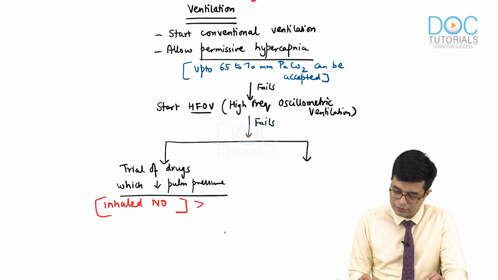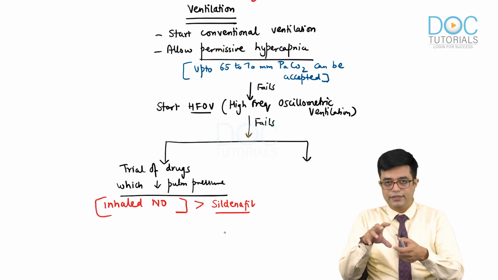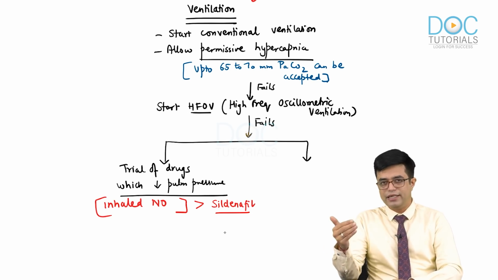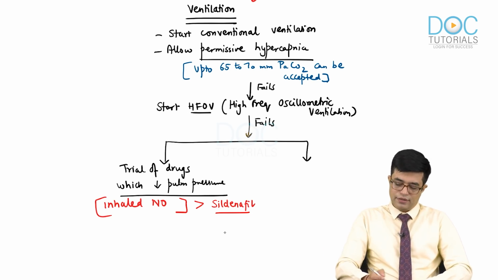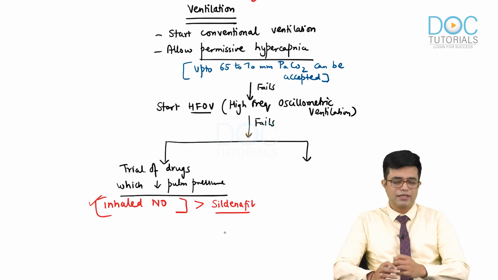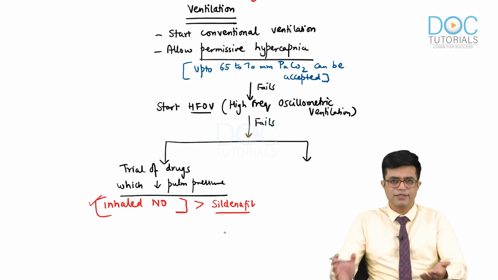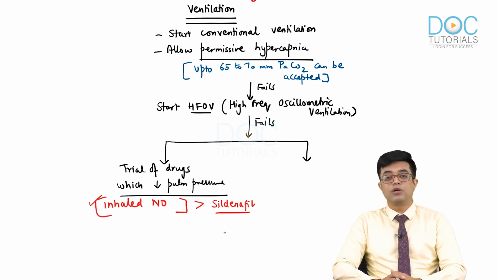If that is not available, you can also give a trial of sildenafil. Nitric oxide as well as sildenafil are vasodilators. They act on the pulmonary vasculature and decrease the pulmonary pressures. Inhaled nitric oxide is more useful than sildenafil. In fact, sildenafil is not mentioned in some of the books, whereas some Indian textbooks and articles do mention it. Inhaled NO is not available at all centers, so in practice we sometimes give a trial of sildenafil.